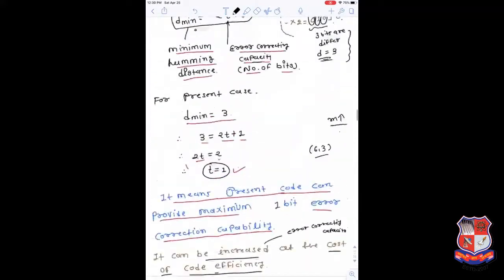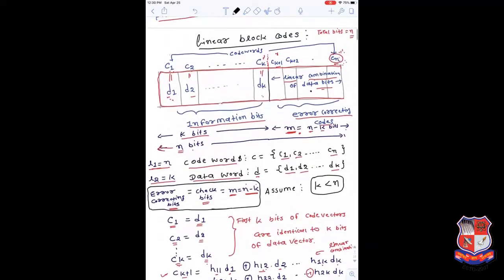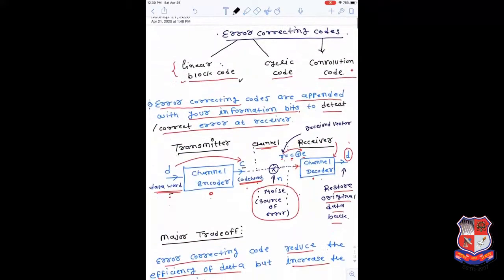We have seen one diagram in the earlier lecture where the data is passed through the encoder that we have learned so far, and that is converted to the code word. The code word is transmitted from transmitter to receiver. Now here the channel will play its role. It will add noise to your bits, so a few bits are going to change.